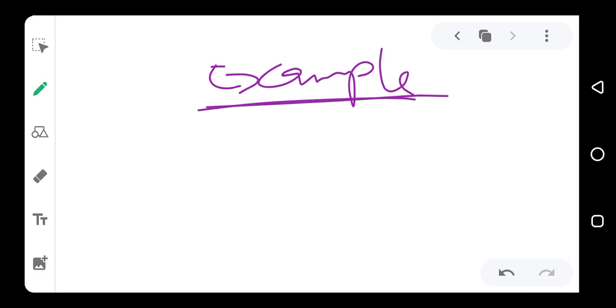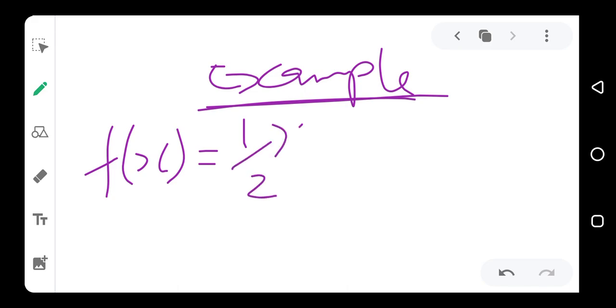For instance, example, if we are given this to find the inverse function of it, let's say that you have f of x equal to 1/2x minus 3.